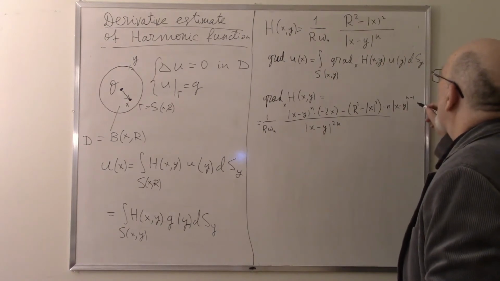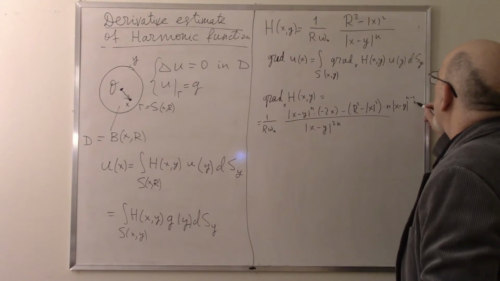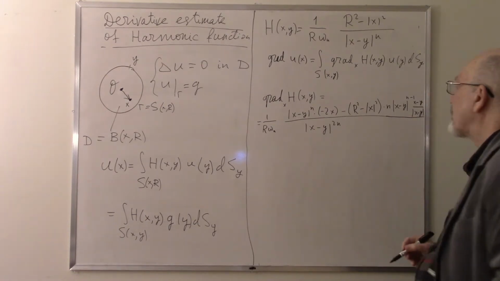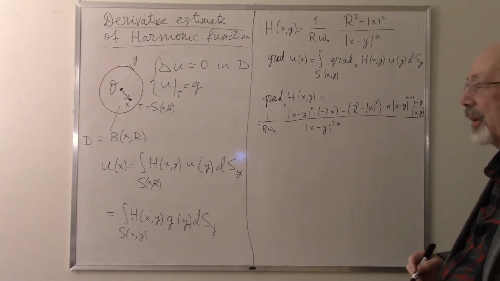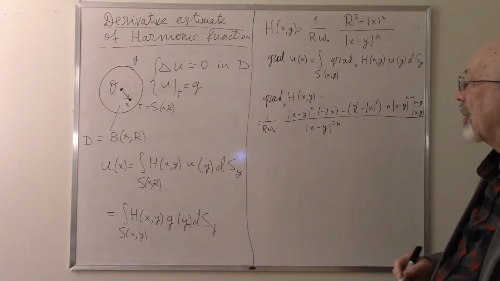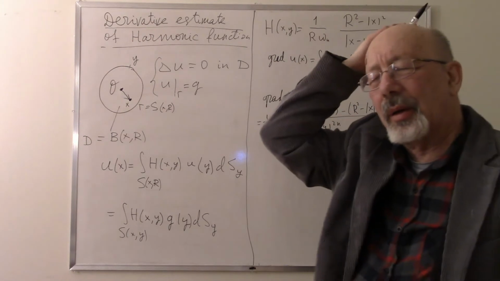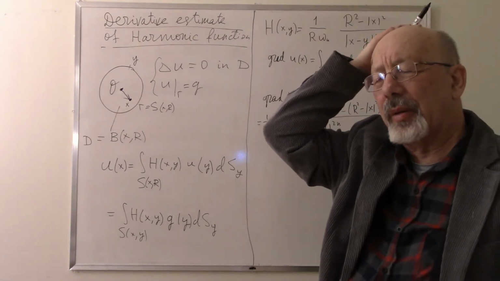It is x minus y divided by module x minus y. Yes? Because the gradient of module x is x divided by module x.